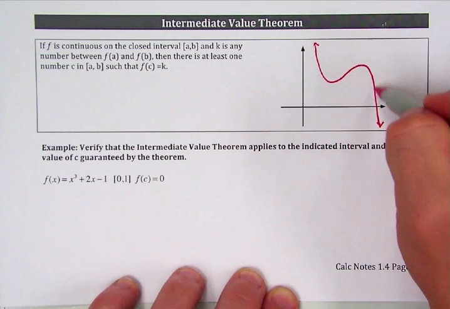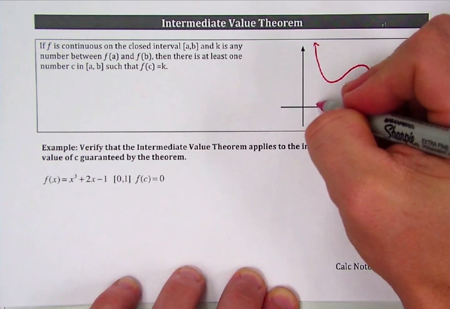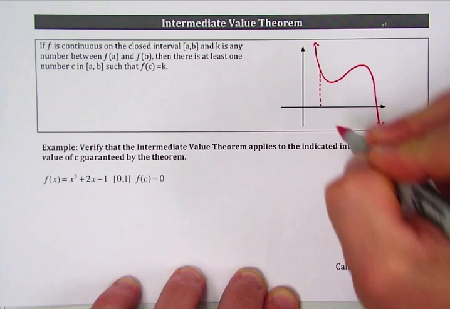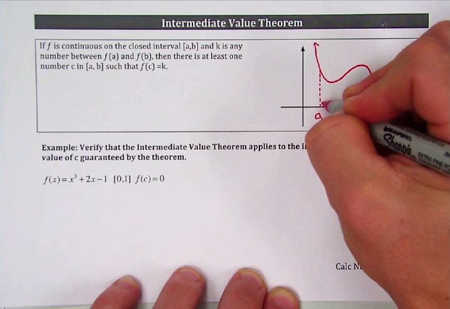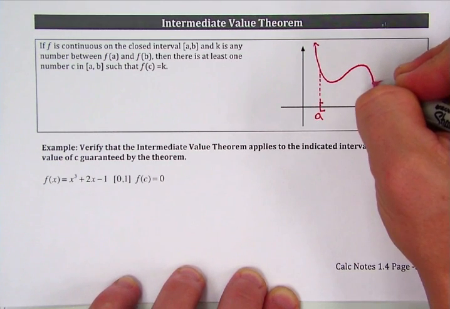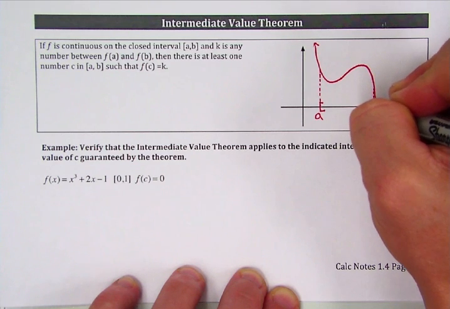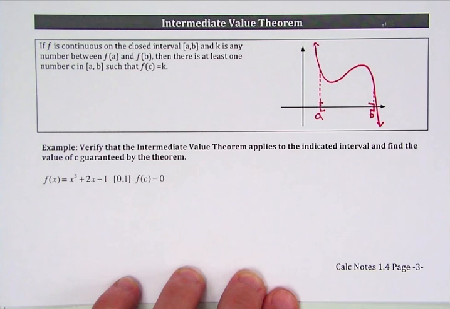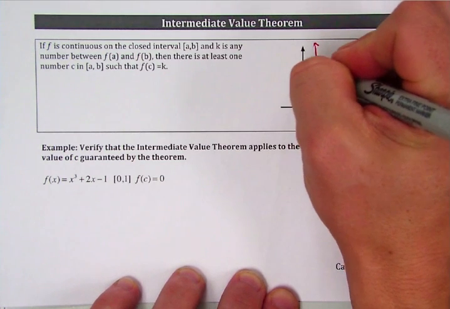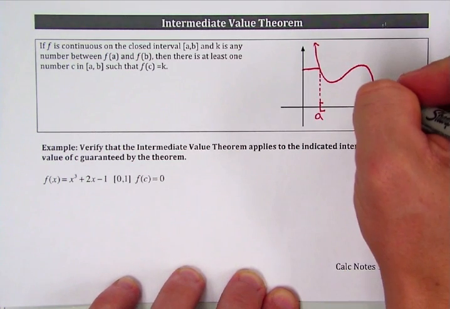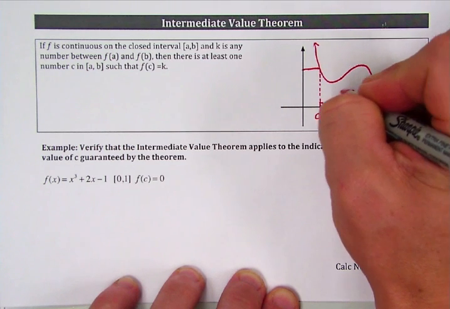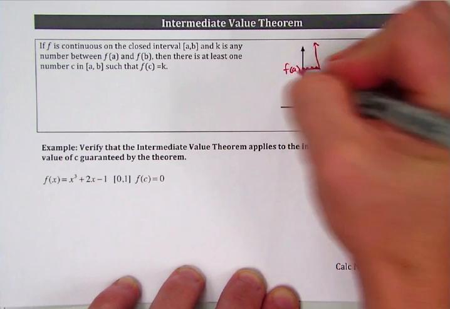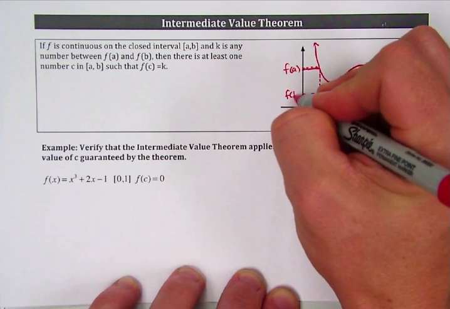And we're just going to say if this function is continuous on our closed interval a to b, that means if k is any number between f of a, right here, and f of b.